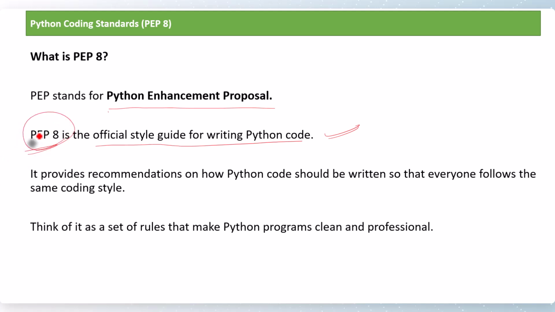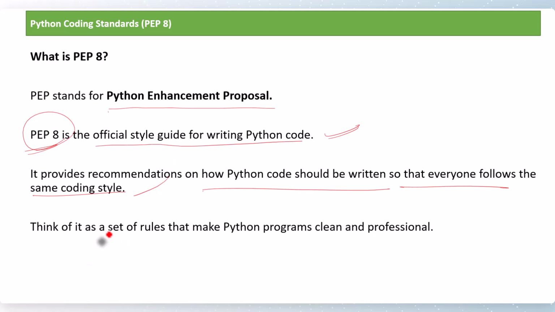We can say it is a kind of standard which most programmers should follow. It provides recommendations on how Python code should be written. If you are a programmer, you should follow the guidelines given in PEP 8 so that everyone follows the same coding style.